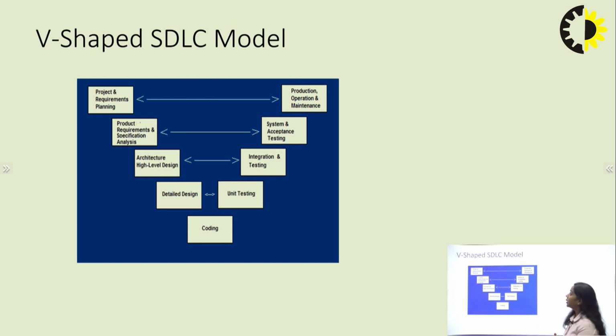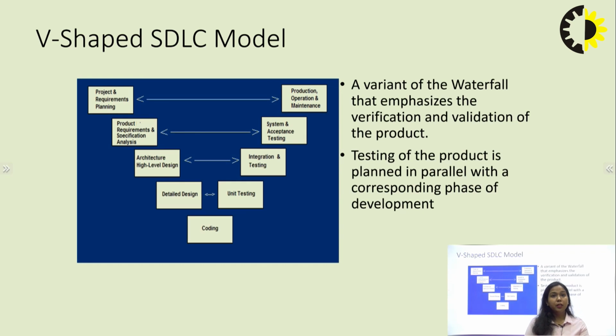So in the V-shaped model, we have the opportunity to test at each level. When we take the requirement planning, the production and maintenance will be done. When we produce the requirement specification, the system and acceptance testing will be performed. At the architecture level, we perform integration testing. At detailed design, we perform unit testing, and finally the coding will be done. That will help us integrate the complete system very conveniently.